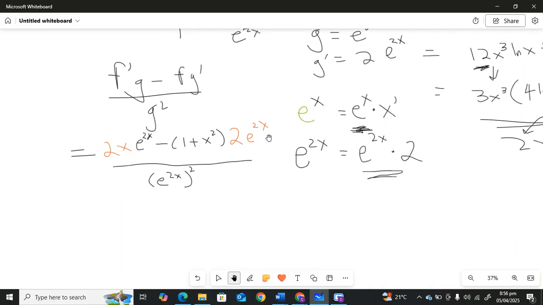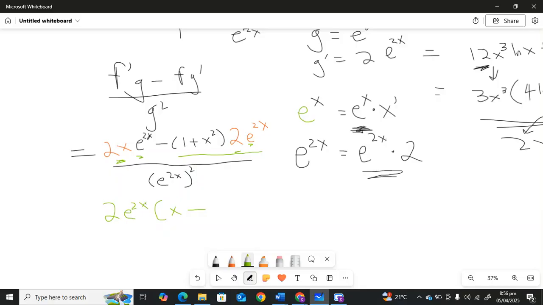So you can also factorize this one here. We've got a common factor. You can leave your answer like this, but you can also factorize it. We have a 2 here, a 2, and e to the power 2x here, and e to the power 2x. So our common factor is 2e to the power 2x, open brackets, 2x e to the power 2x divided by 2e to the power 2x, that is x, minus this whole expression divided by 2e to the power 2x.